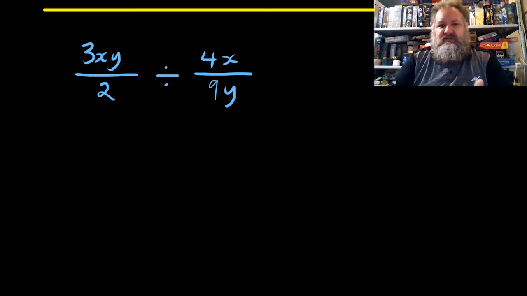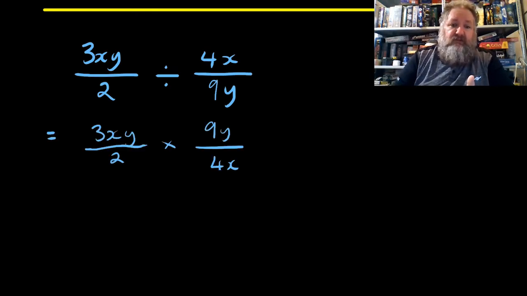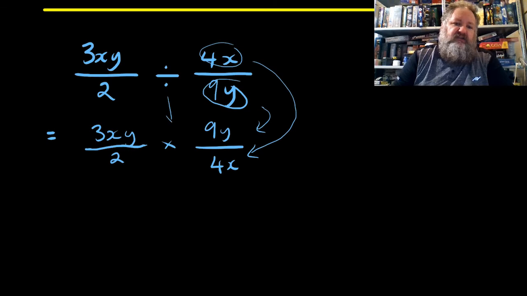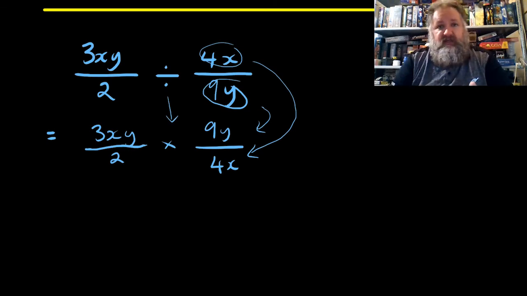It's the reverse. It's the reciprocal. So what we're going to end up doing here is actually multiplying by the reciprocal. I take my denominator and it becomes the numerator. I take my numerator, it becomes the denominator, and I need to change my operator. I need to change that sign in the middle.